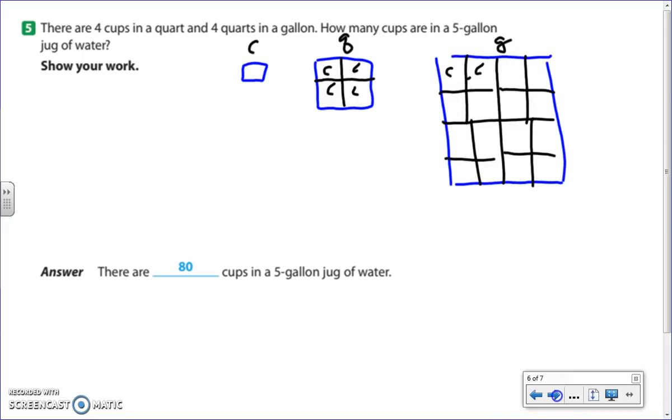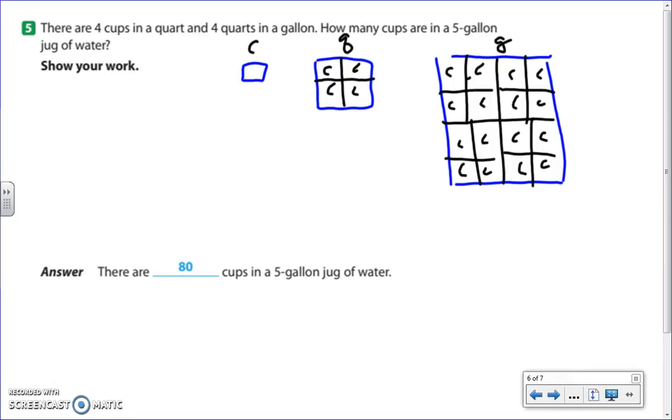And then there's a cup for each one of these little divisions here. So when I think of it this way, and visually, it makes the problem make a little more sense. If I was trying to do this with mental math, it might be more challenging for me. So you can see that 4 cups fit in a quart, 4 quarts fit in a gallon, and so if there's 4 quarts in a gallon, there must be 16 cups in a gallon.